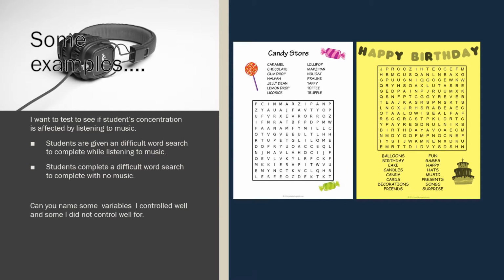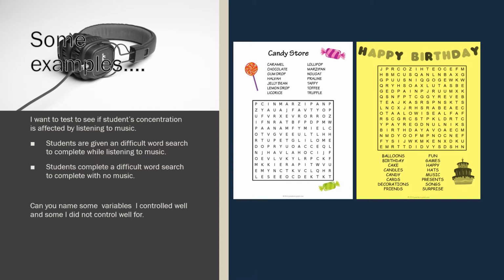Okay, so here's a slightly better example, something more like you'd do in class. I want to see if students' concentration is affected by listening to music. So to put it in the way that should be in your question form, is there a difference in the student's ability to concentrate while listening to music or without listening to music?